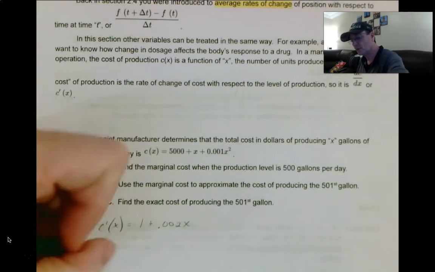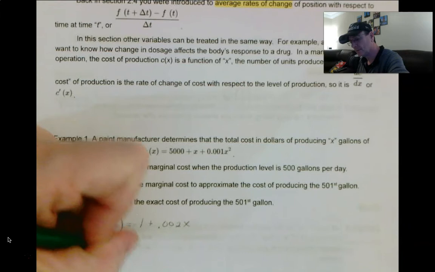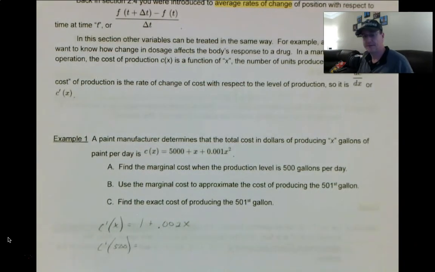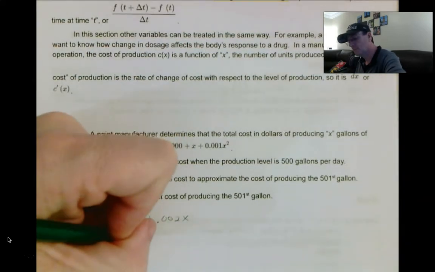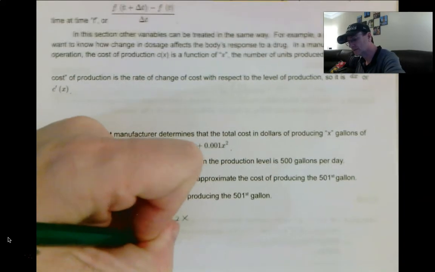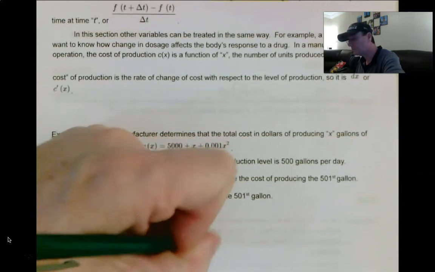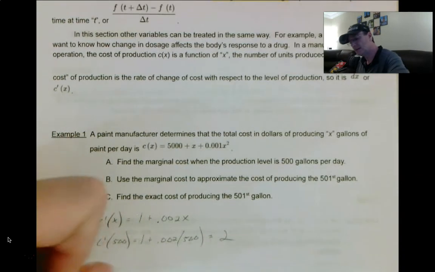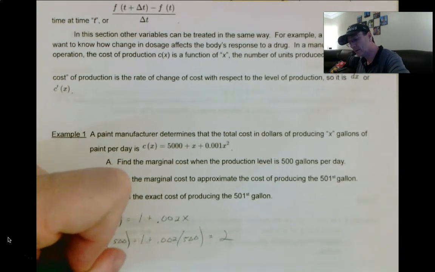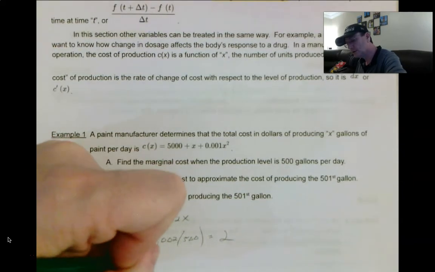We want to evaluate this at 500 gallons. So we plug in C prime of 500, 1 plus 0.002 times 500, and that's equal to 2. So C prime of 500 equals 2.